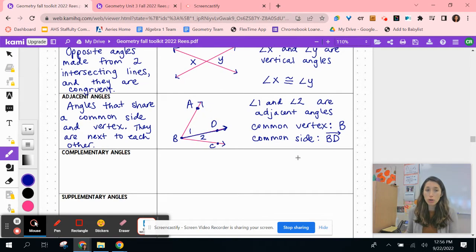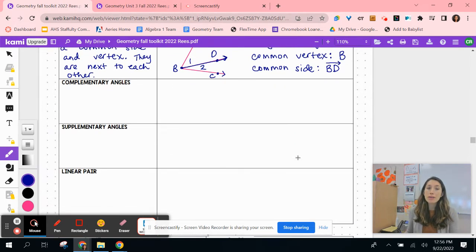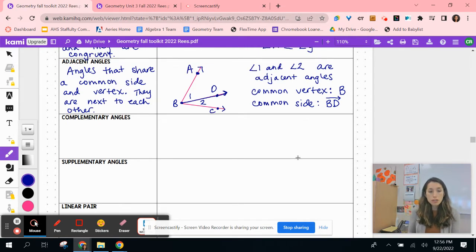The next type of angles that we're going to be looking at have a specific measure that they add up to. So our complementary angles are angles that add to 90, or angles with a sum of 90. Now, 90 degrees is a very common type of angle in geometry because we might be looking at a right angle, perpendicular lines.